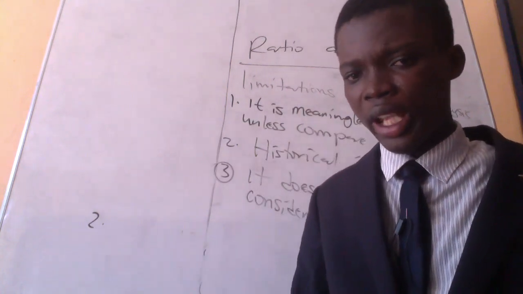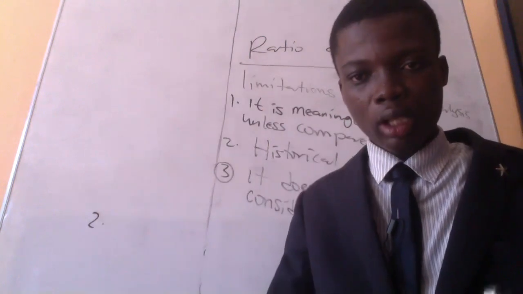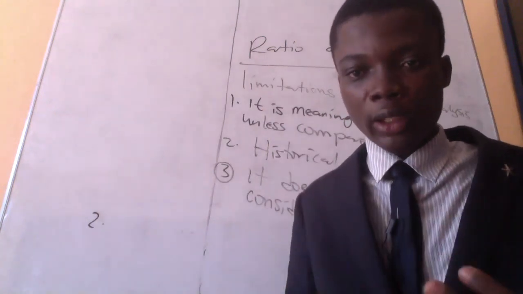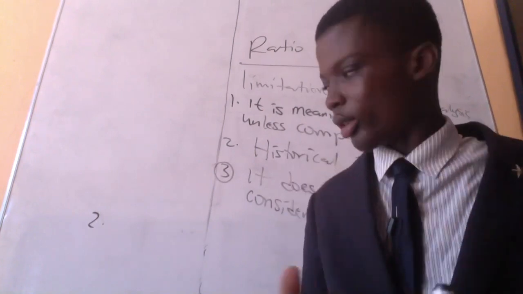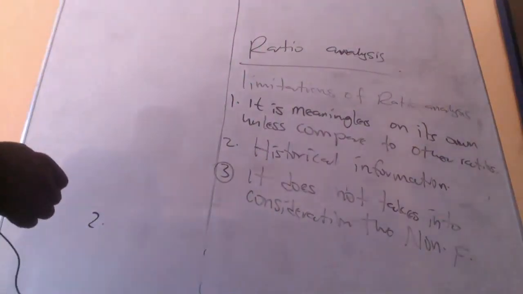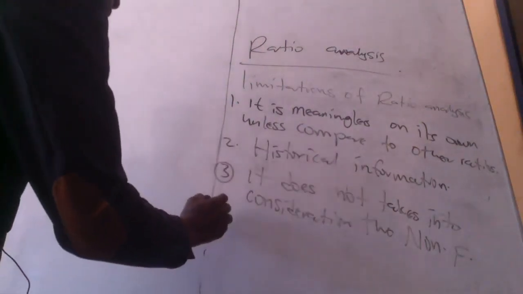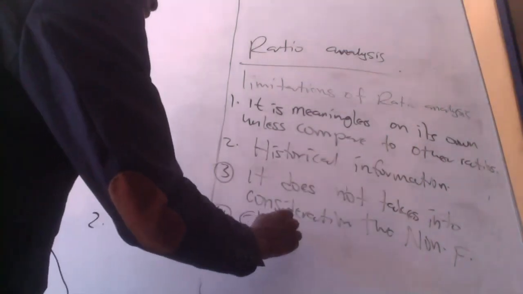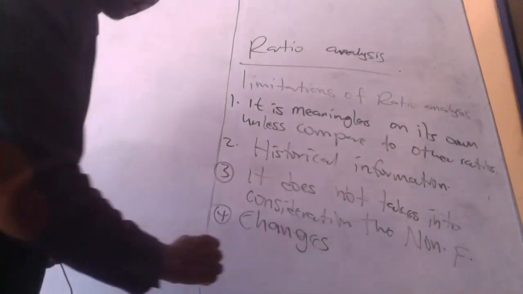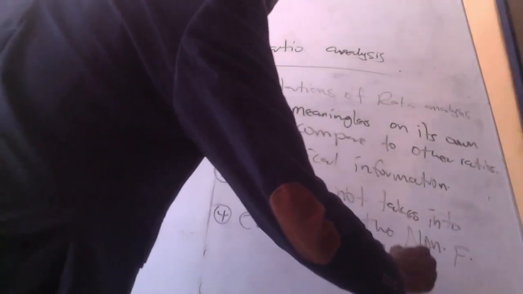So take note, except if we give you a comprehensive financial statement and also give you the non-financial information attached to it, then this limitation might not be valid. So take note. Okay, so the fourth point will be changes in accounting policy.